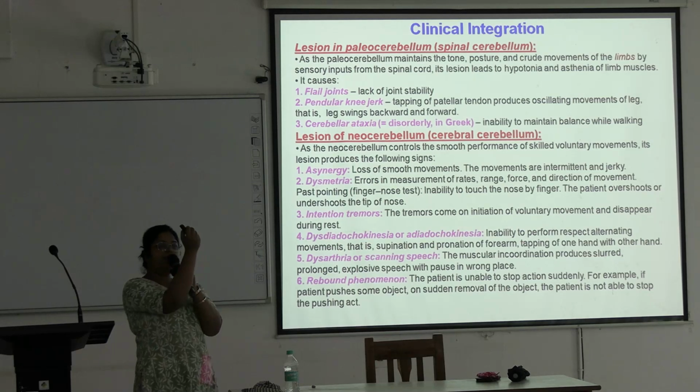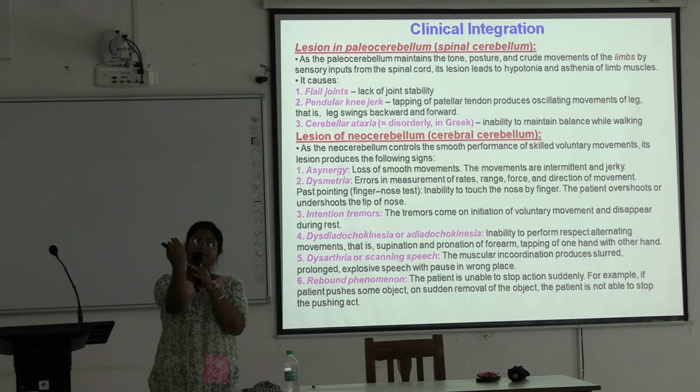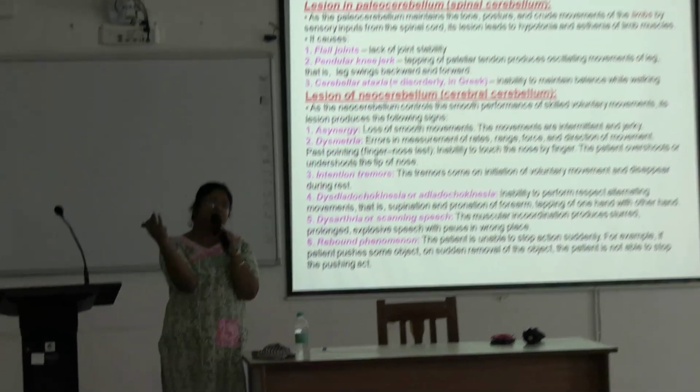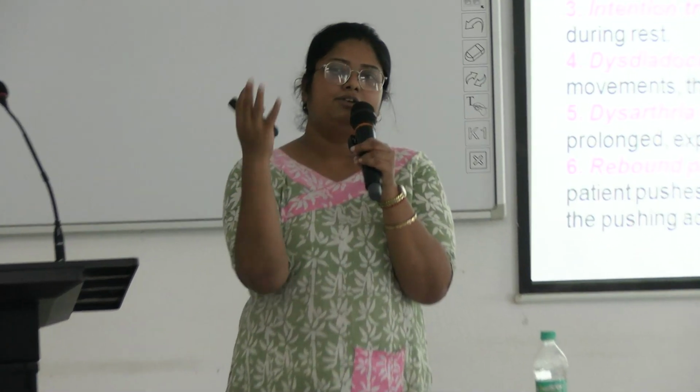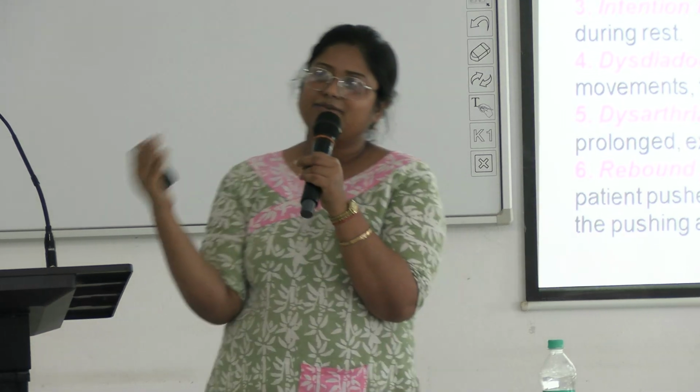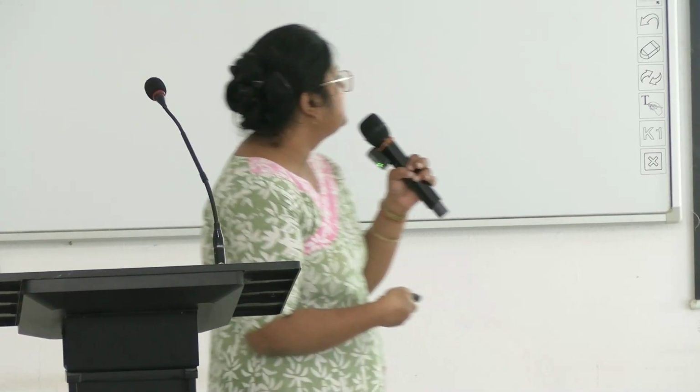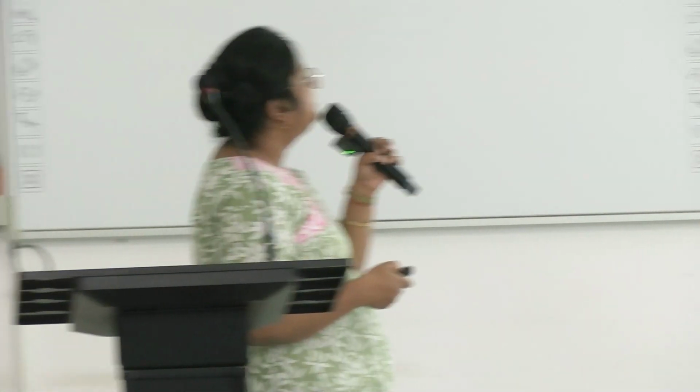If you hold your hand like this and tell the patient to push your hand, and you remove your hand, then the patient will hurt himself. He will not be able to stop the hand. So that is rebound phenomenon.